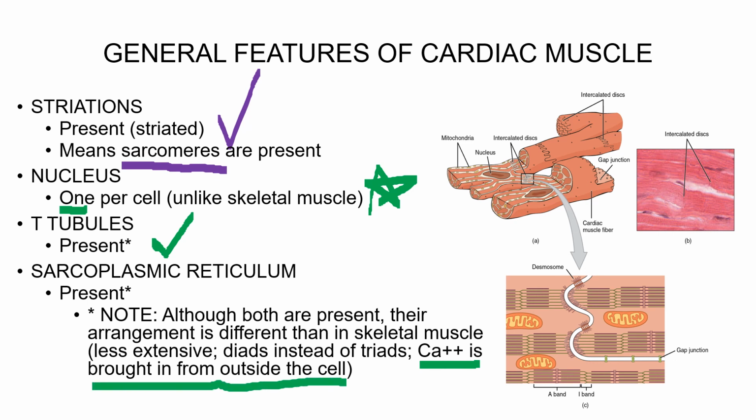So the sarcoplasmic reticulum is there, it just doesn't play as big of a role, is what I was trying to say. Another little factor is we don't have the triads, we just have one terminal cisterna on one side of the T-tubule, so instead of triads we call it a dyad. So it's not a sandwich like it is in skeletal muscle.